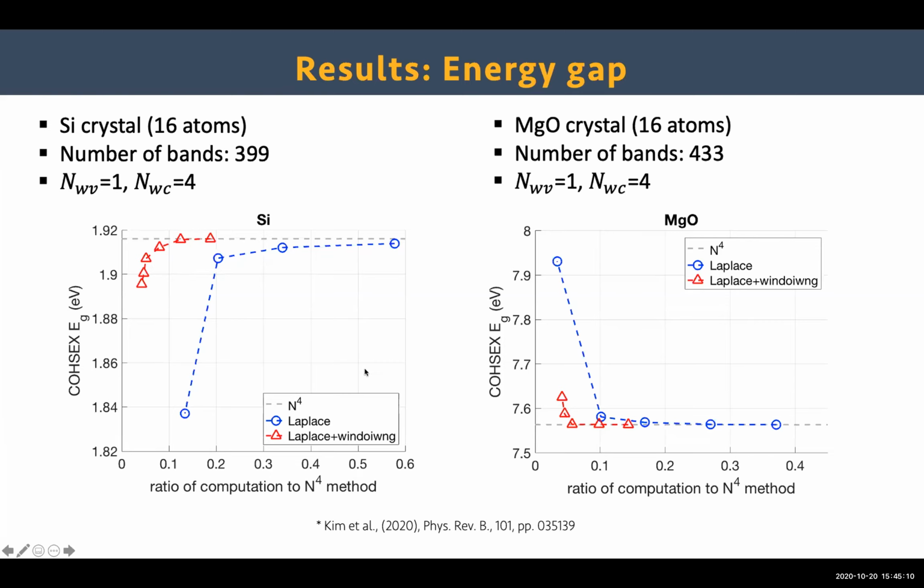So similar results are obtained for both of the systems, that the performance improvement is close to order N, but much better performance is obtained using windowing, which is the red lines in here, that requires much smaller quadrature grids.